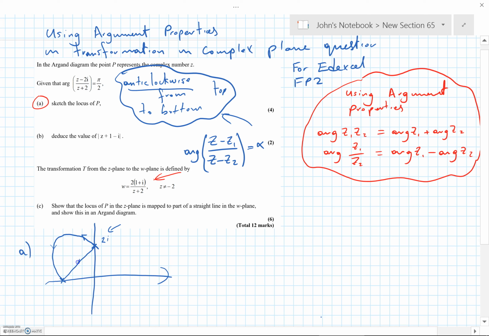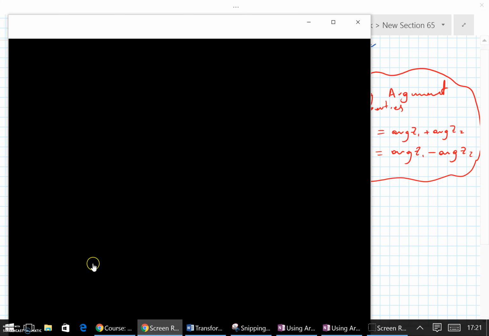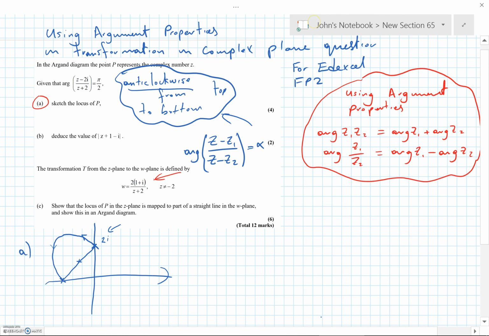Right, now for the second part, it seems a bit unusual, but it's not. It's really a straightforward geometry problem, because you'll notice the center of this circle is represented by the complex number 1 plus i.